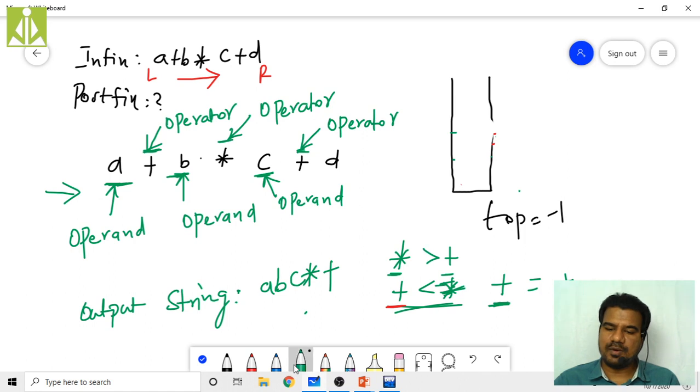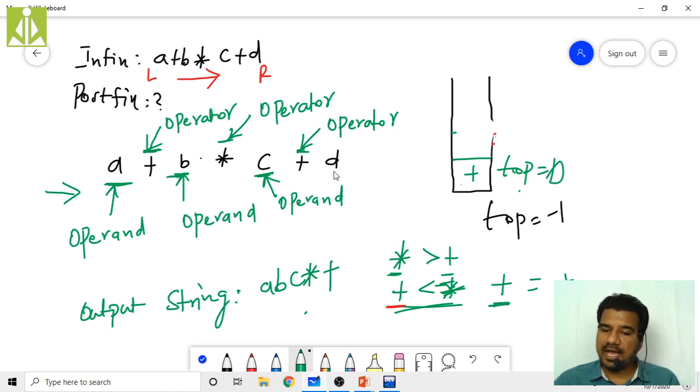Yes, after popping this plus, I have to push this plus onto the stack. So again, top value 0, and push that plus over here. Push the currently scanned plus to the stack. So this plus, it was previously pushed, that we got over here.